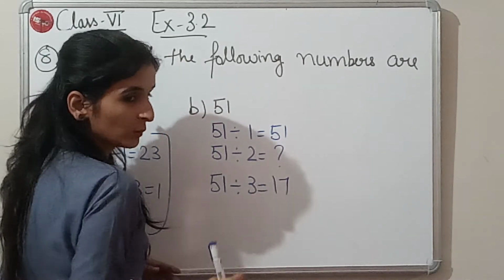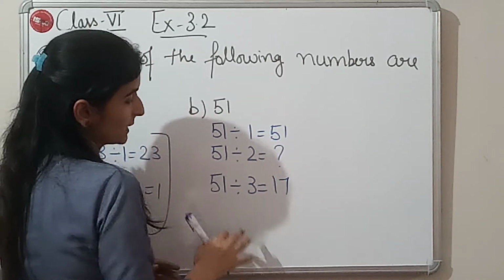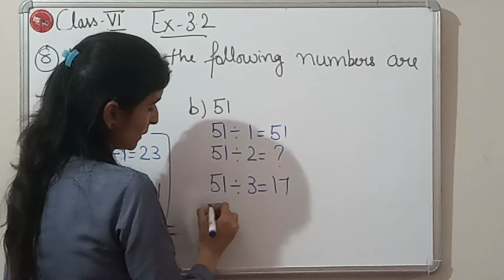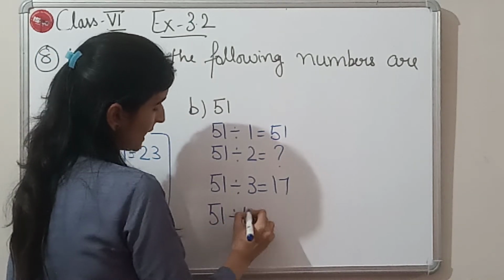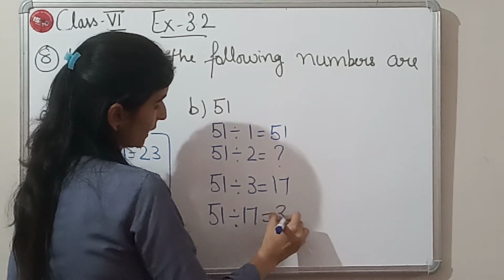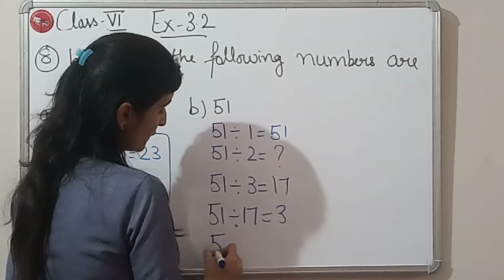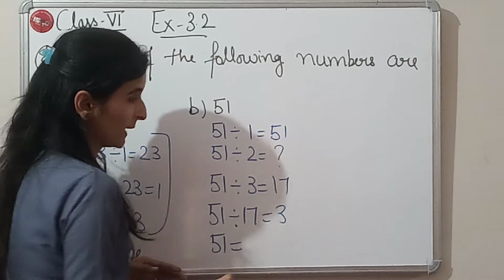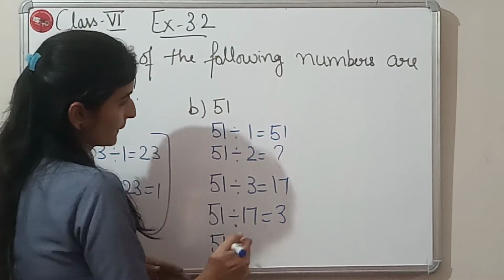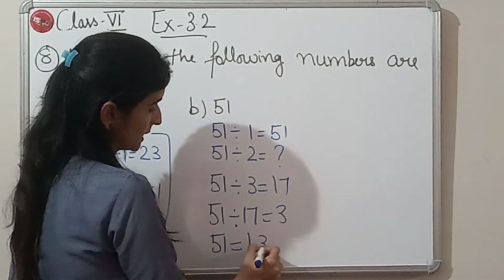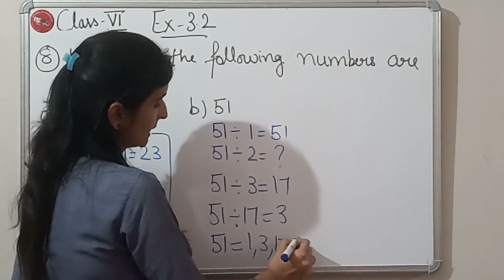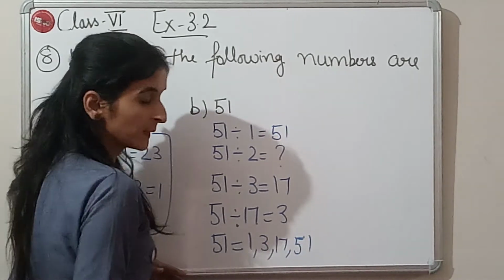That will be equal to 17. After that, it is not divisible by any number. It will be divisible by 17. 51 divided by 17 is 3. So that is how we can check that the factors of 51 are 1, 3, 17 and 51.